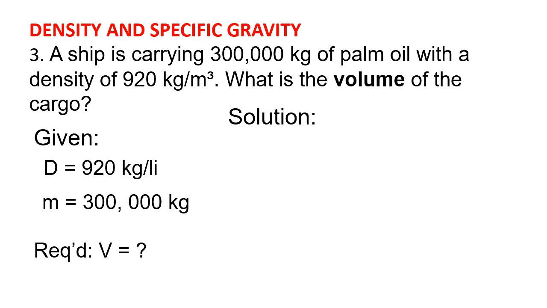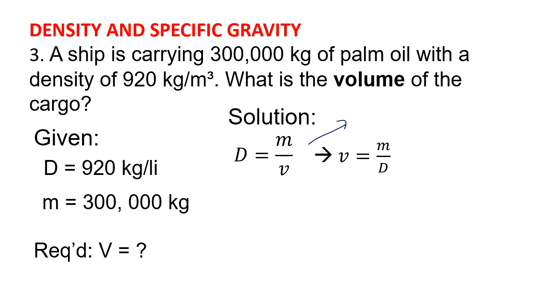Now, we know that density equals mass over volume. However, we are looking for volume in this case. So, we can use what we know from our idea of transformation of formula. So we can transform this one into volume equals mass over density.